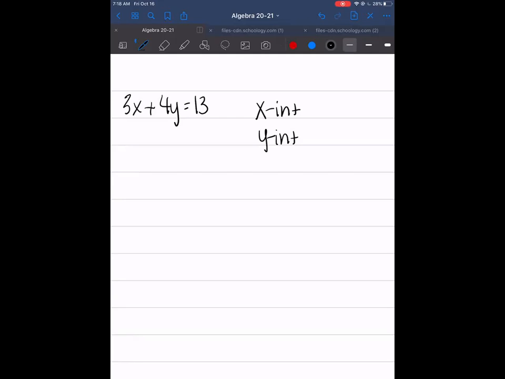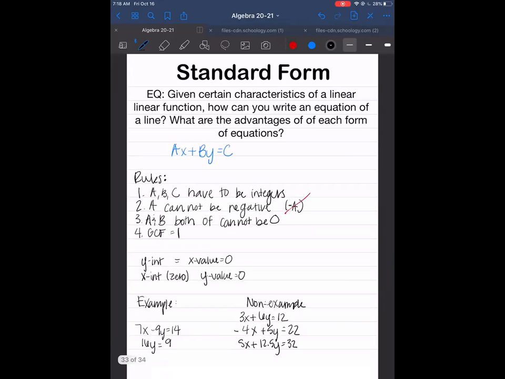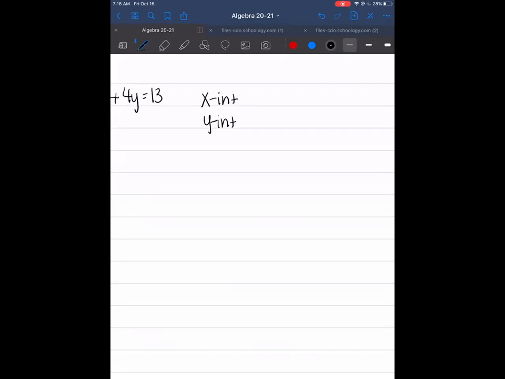To find the x-intercept, just like we said, our y value equals 0.